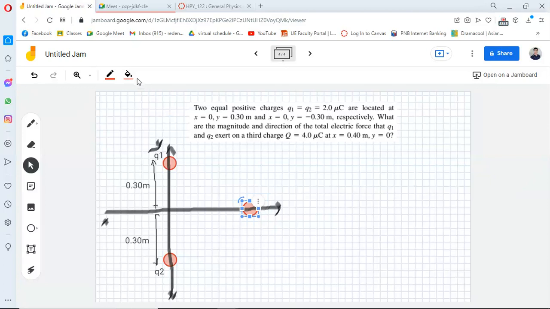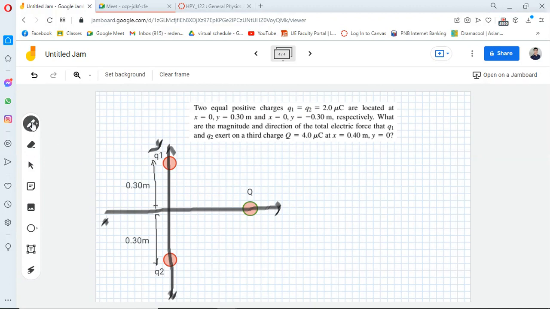Palitan natin ng kulay. Ang ating concern na pagkukuhanan ng net force ay the green one. Ito ang ating concern ngayon, si charge Q. Gusto nating alamin yung net force na na-experience ni capital charge Q dahil sa presence netong Q1 and Q2.